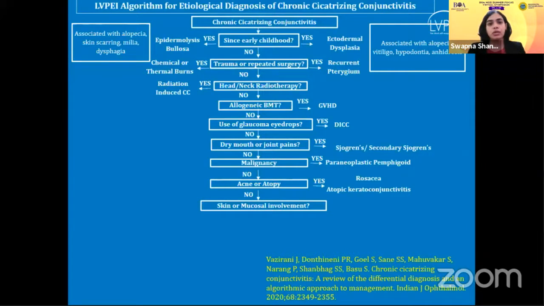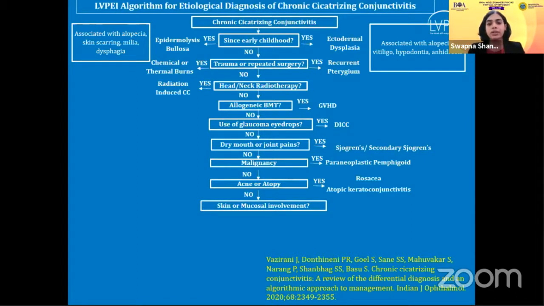So we have come up with an algorithm for diagnosis of the etiology of chronic cicatrizing conjunctivitis, where we go about asking a very detailed history to each patient. Like in this case, we asked since when were these symptoms, and whether there was a history of trauma, chemical burns in the past, or any repeated surgeries, and any bone marrow transplantation or head and neck radiotherapy, because all of these lead to conditions which can present similarly.